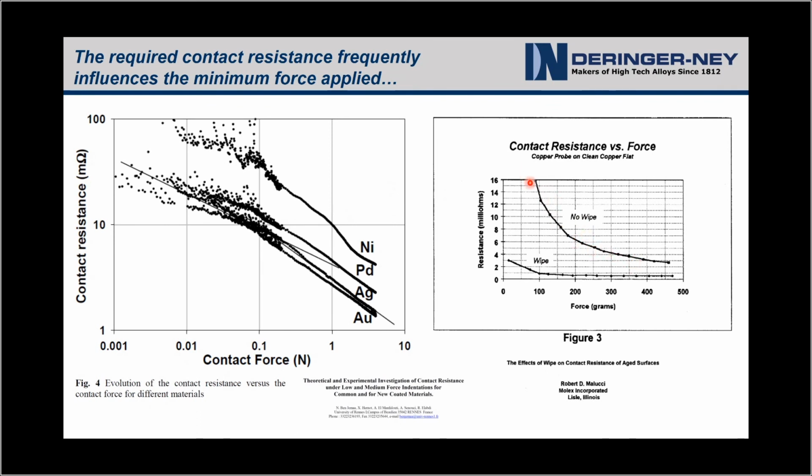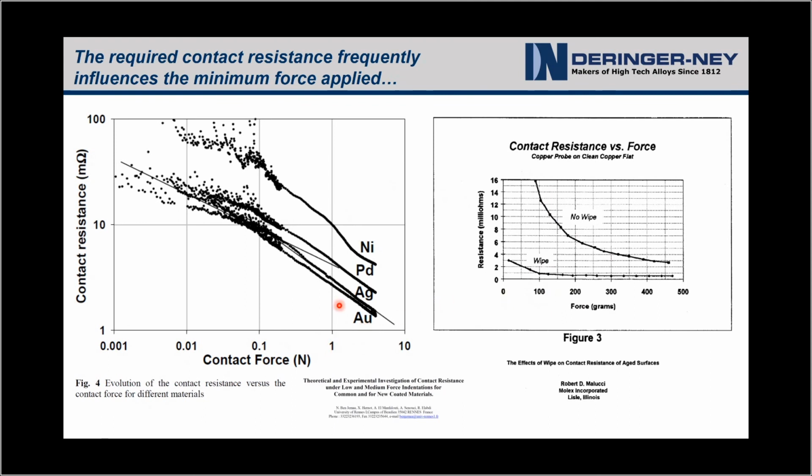And this forces you, if you want to bring your contact resistance down low, to go to very high forces, right? Notice this is in grams, so relative to here, 100 grams is about a Newton.